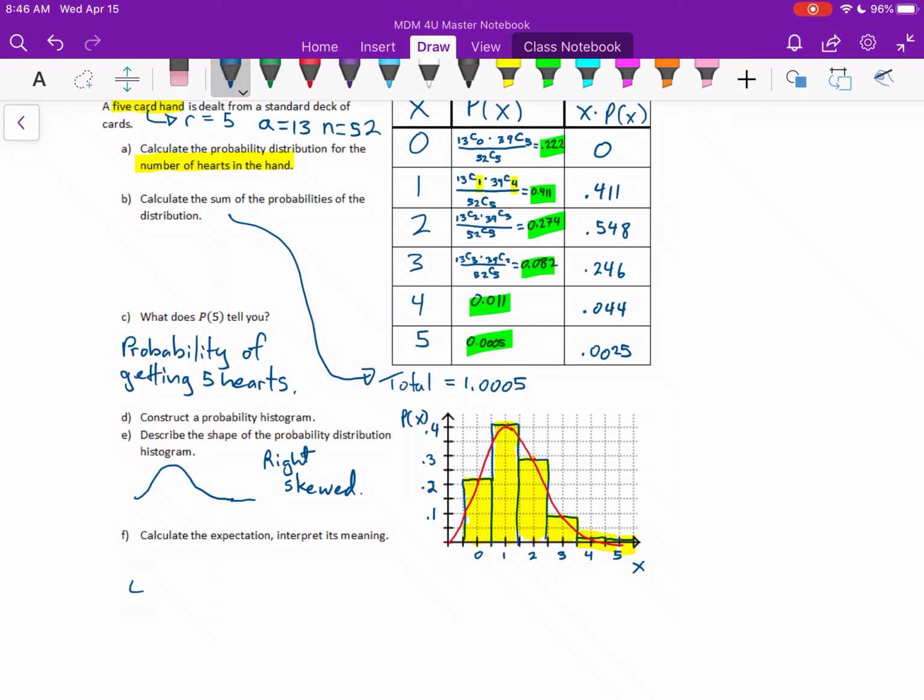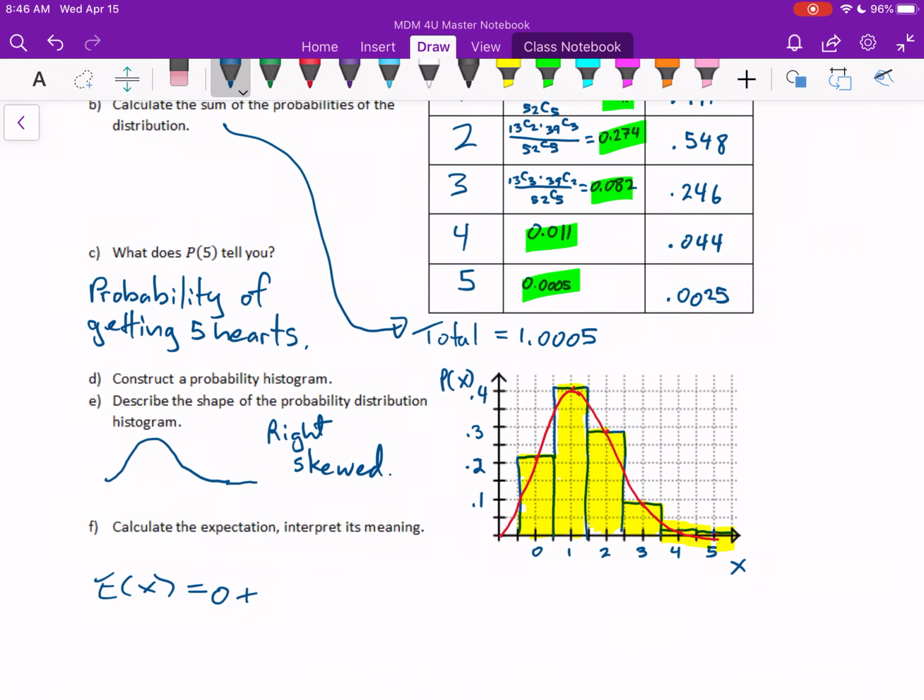So E at x equals 0 plus 0.411 plus 0.548 plus 0.246 plus 0.044 plus 0.025.